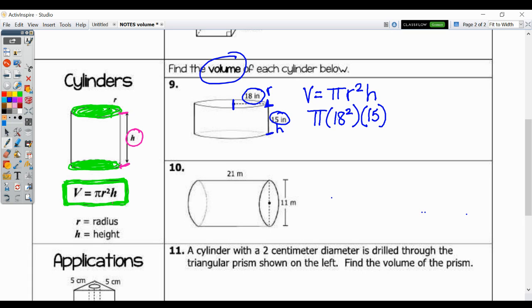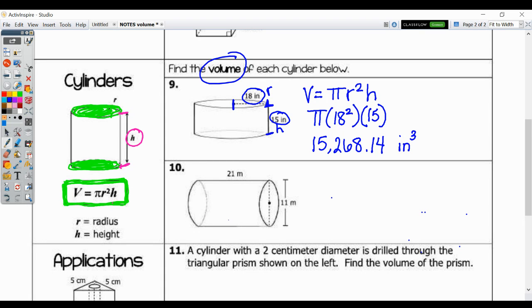I get 7,000. Oh, wait, no, I don't. I get 15,268.14 inches cubed.